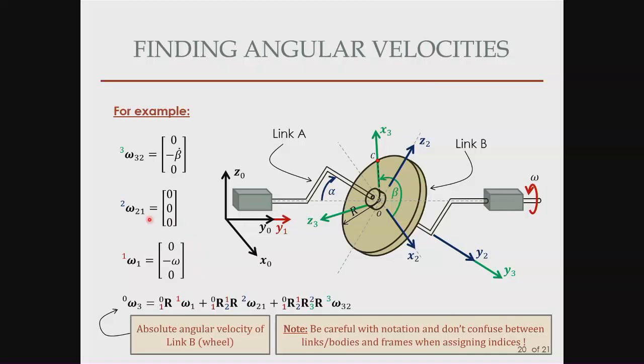And why is this 2 relative to 1 all zeros? They're rotating about the same axis. Yeah. So frame 2 and frame 1, they are both attached to the same body, the shaft, right? They rotate about the same axis. Both of them rotate about the negative y0 axis.